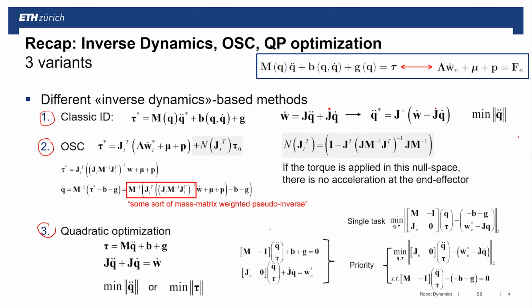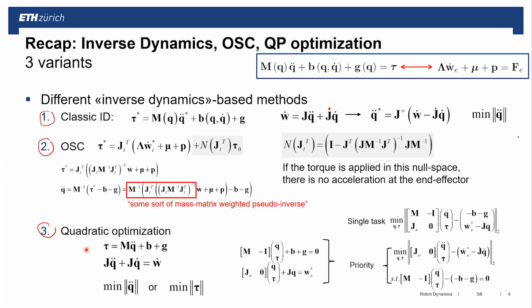And then at the very end, what I introduced is the quadratic optimization. So we have seen now whatever we do, whether we do joint space or operation space dynamics, it is fulfilling the constraint that this equation of motion holds, while we want to optimize a certain objective and have certain constraints that are valid. And this is what we formulated here.